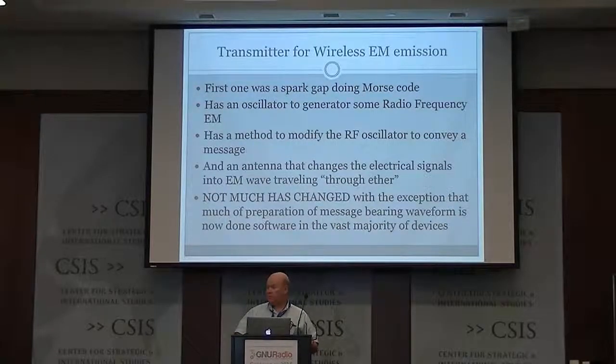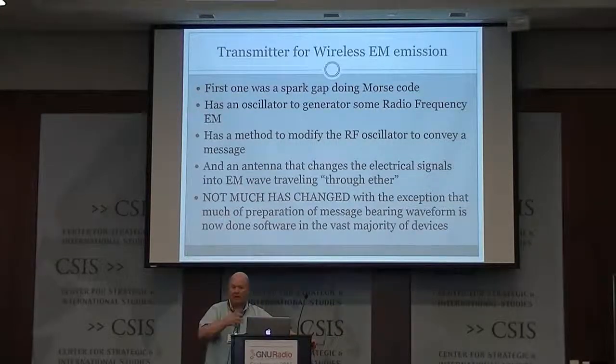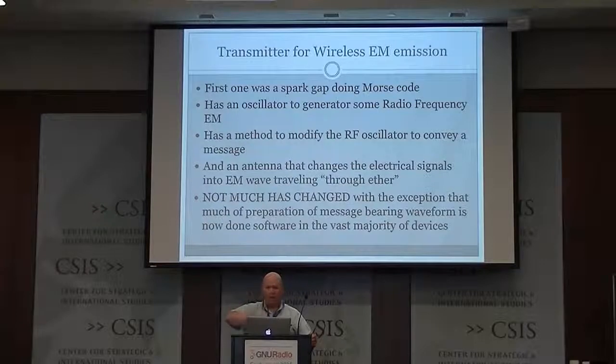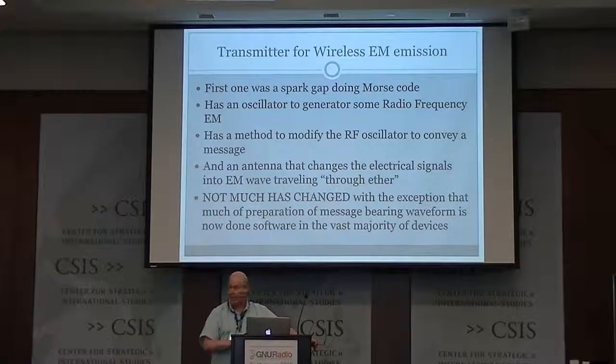What happens if I change a current in a wire? I change the magnetic field around it and it emanates. Okay, so I'm taking current, running it through this wire. A Maxwell equation says when I run current through a wire, especially if I change it, I change the magnetic field and the magnetic field takes off. That's how an antenna works, okay?